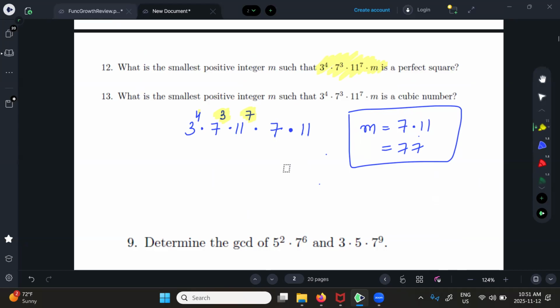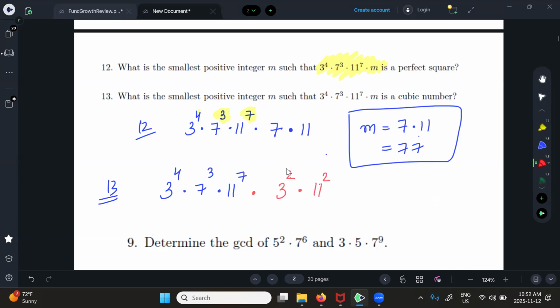Same thing here. What if I wanted a cubic number? What if I want a perfect cube? Multiple of 3, right? So this is not going to work. 7 cubed is fine. 11 and 3 are not fine. So what do I need to multiply it with? 3 squared also, right? And 11 squared.